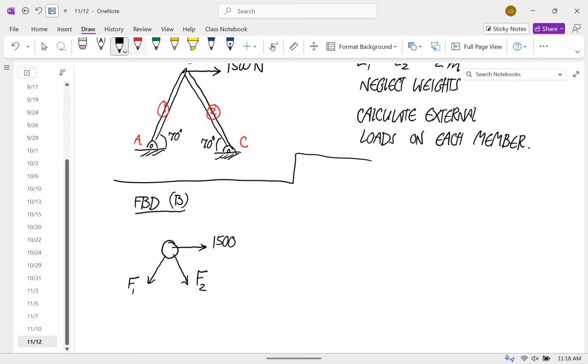For F1, you could think of it like this is the coordinate system. We know that to get from the positive x-axis to this vector is 70 degrees, and the one we want is 180 degrees from that. Those are both counterclockwise, so our angle is 70 plus 180, so that's going to be 250.